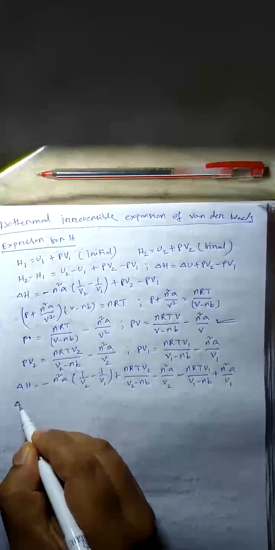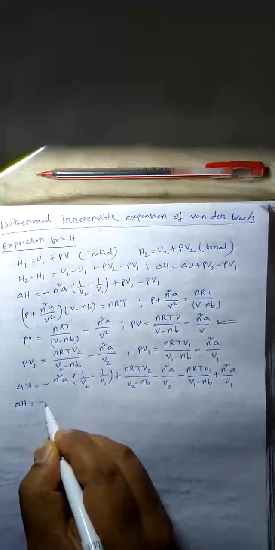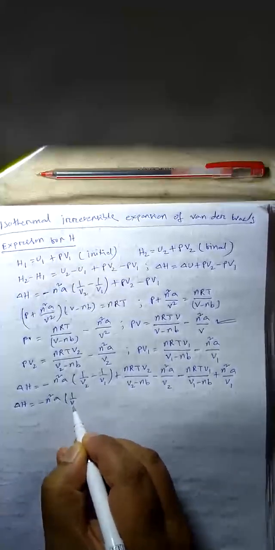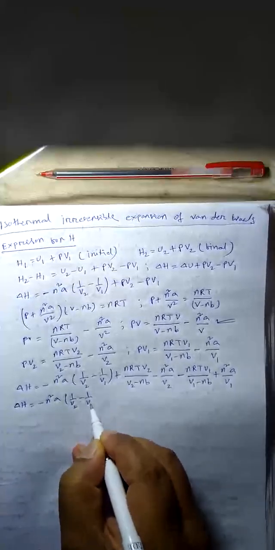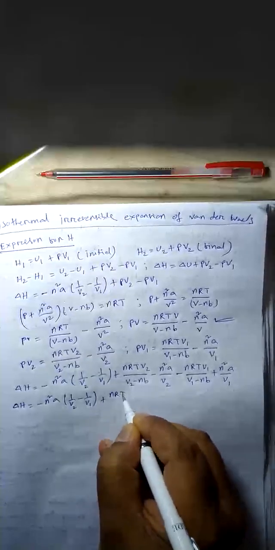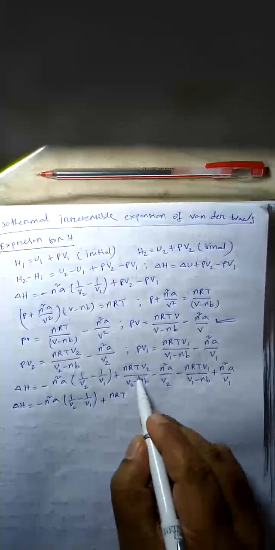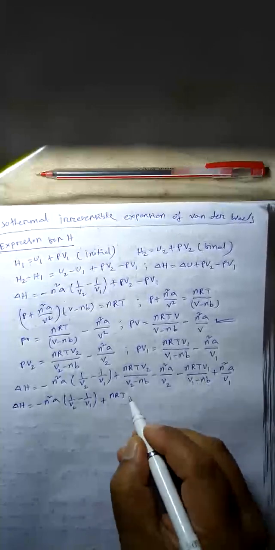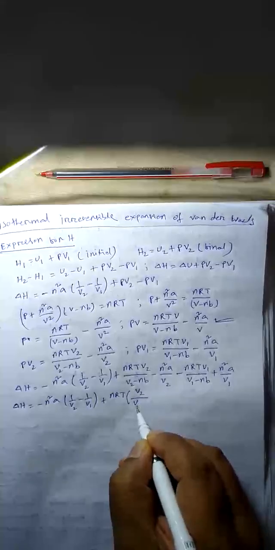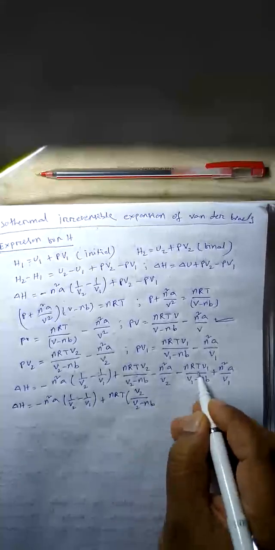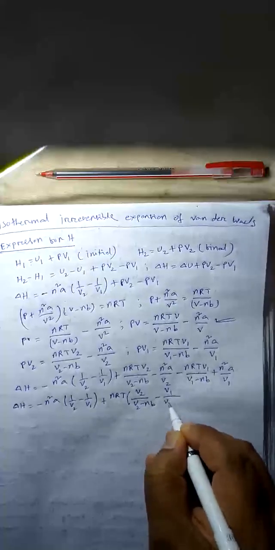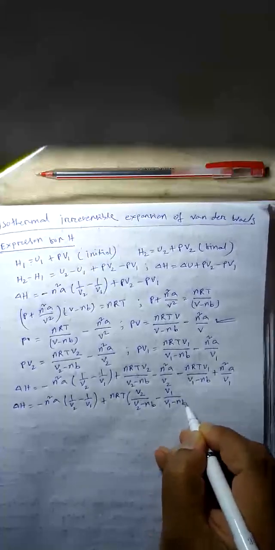Then delta H is equal to minus n squared a times 1 by V2 minus 1 by V1, plus nRT. Taking nRT common from these two, you get V2 divided by V2 minus nb, then minus V1 divided by V1 minus nb.